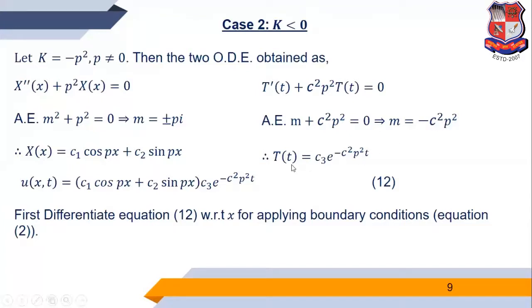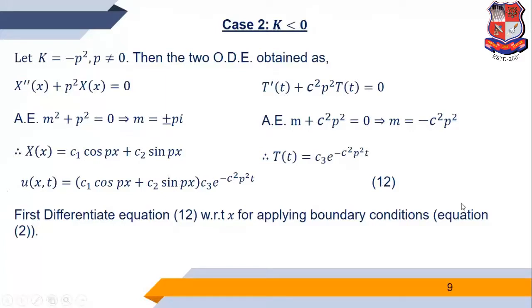And then we write the solution T of t is equal to c3 e^(-c²p²t). So therefore the general solution for the k less than 0 case, X of x into T of t, is nothing but u(x,t) is equal to (c1 cos px plus c2 sin px) into c3 e^(-c²p²t), which is called equation 12.